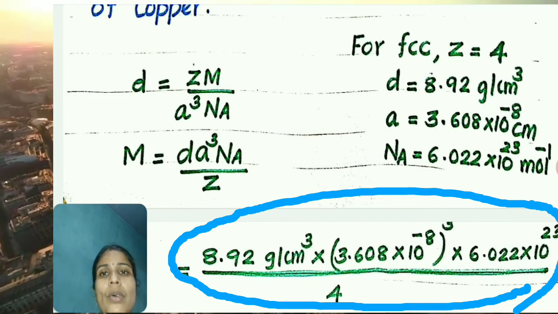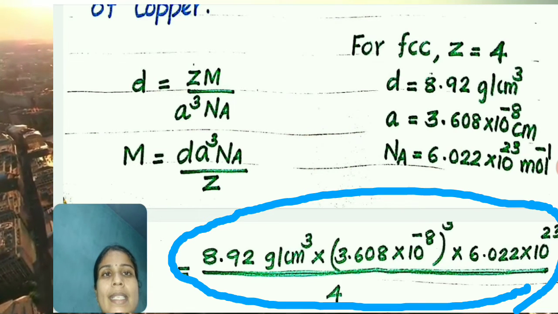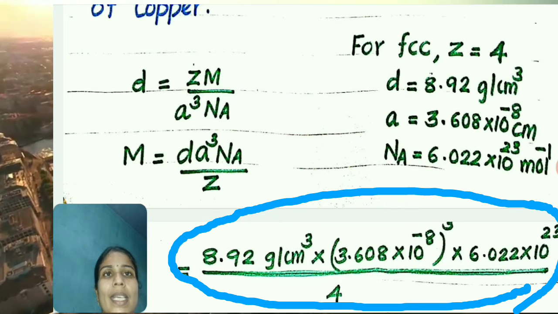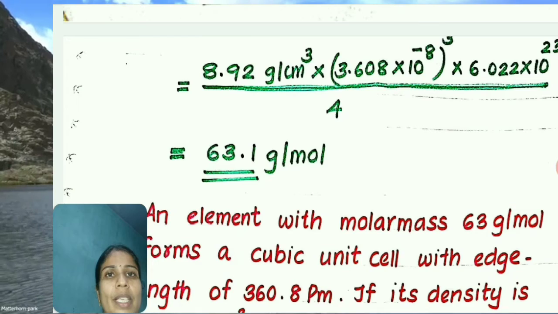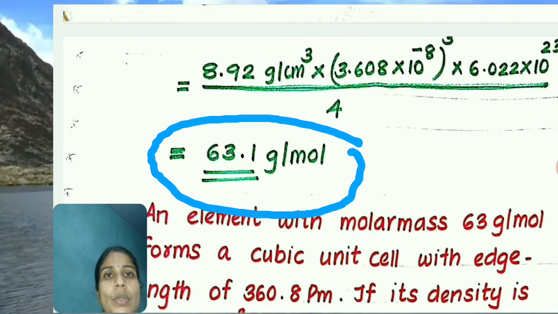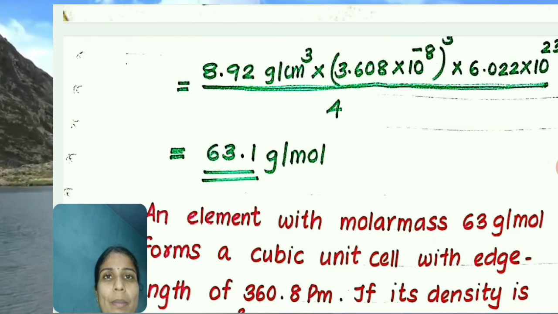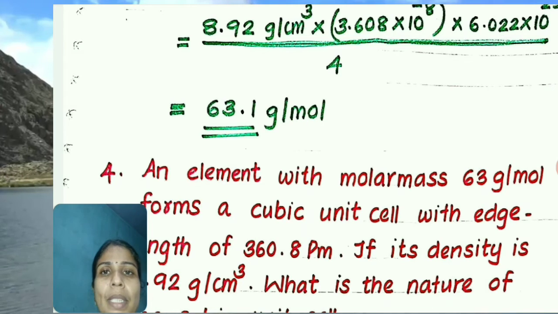Here no problem because the edge length is given in centimeter. Then Na is 6.022 into 10 raised to 23 divided by here Z is 4. Then on solving, we get 63.1 gram per mole. So the unit is gram per mole for molar mass or atomic mass. Here atomic mass of copper is 63.1 gram per mole.